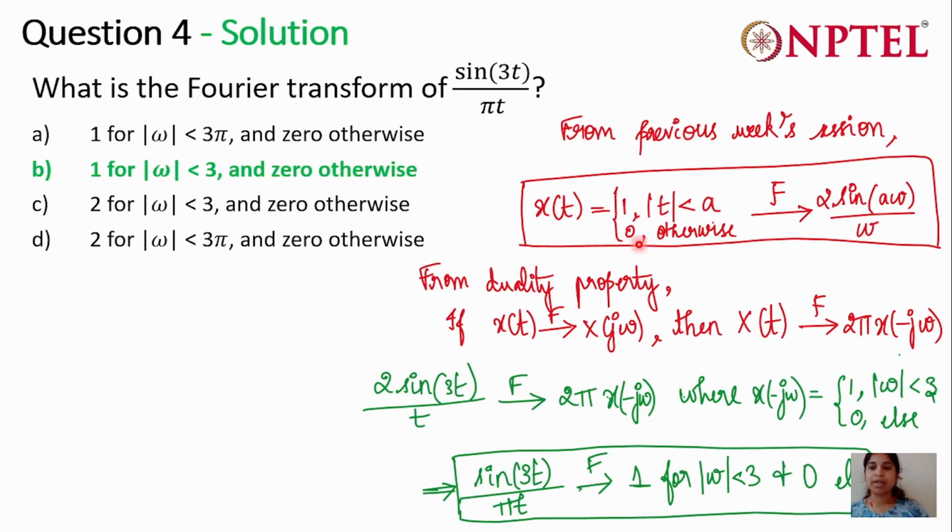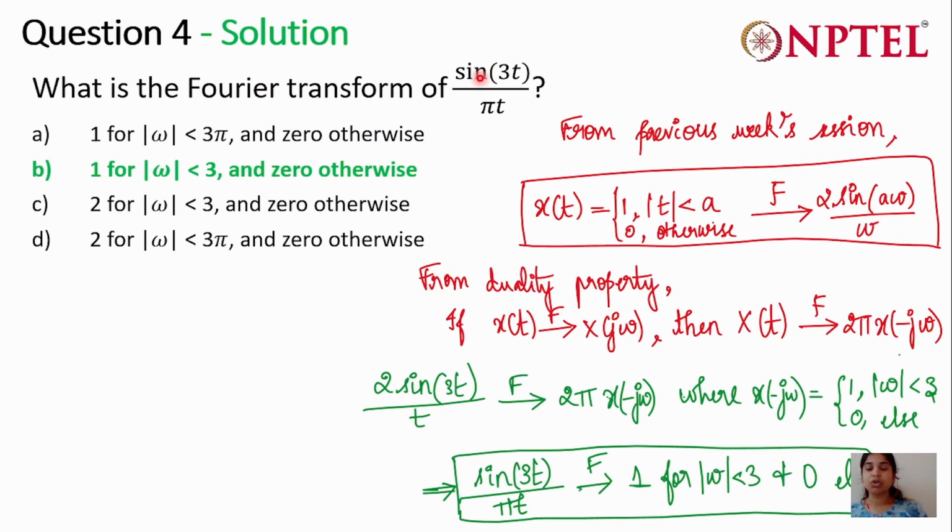Now, in our previous week session, we noted that if you have x of t as 1 for mod t less than a, a rectangular function, its Fourier transform is 2 sine of a omega by omega. Now we have sine of 3t by pi t.